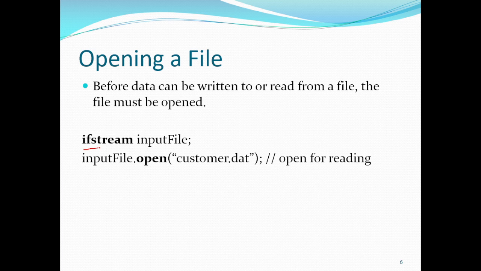This is an object, and we are defining a file object, which is an input file. Since it's an ifstream, we are able to only read from this file. With this file object we use the open function and give the file name, and this function opens my customer data file for reading.